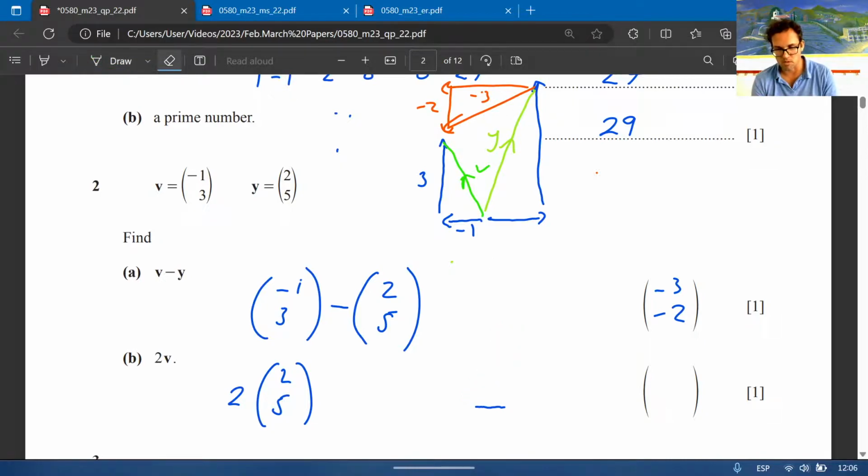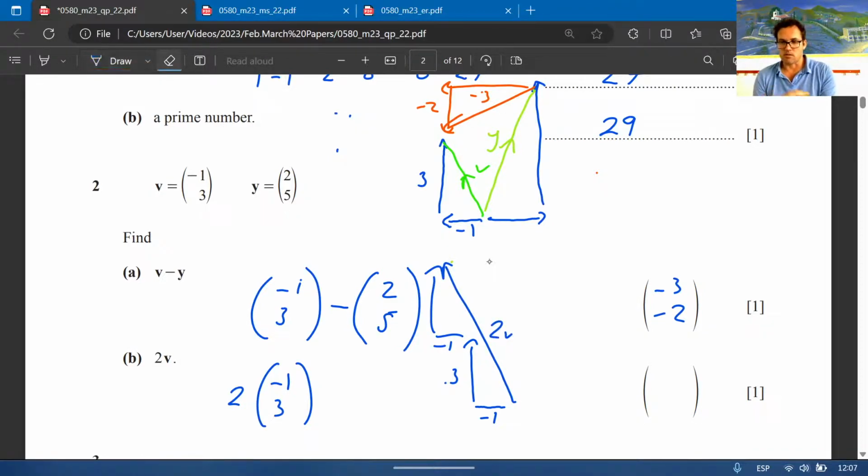Stupid. See what silly mistakes we can make? We're doing V. V is -1, 3. So you're going 1 square to the left, 3 squares up, and when you double that, you just do it again. So now the new vector will be twice as long, and that will be 2V.